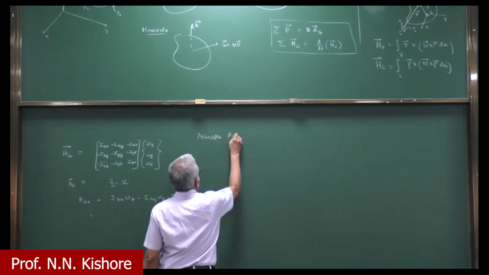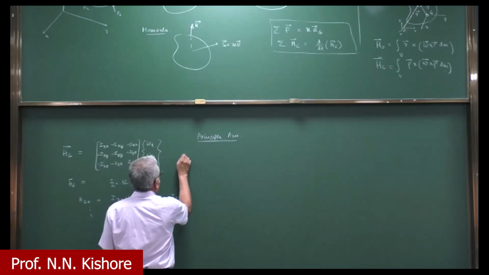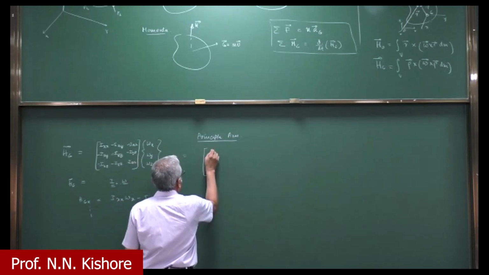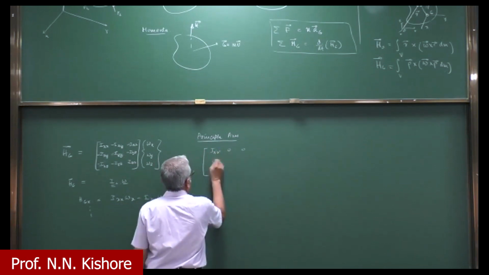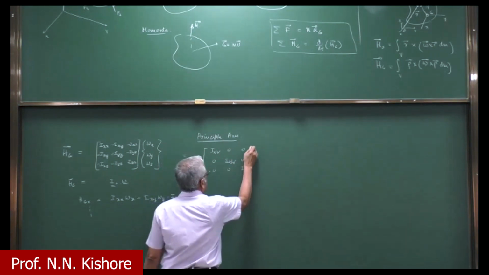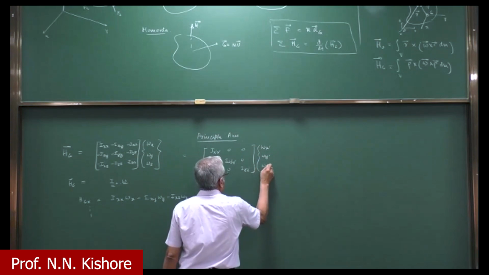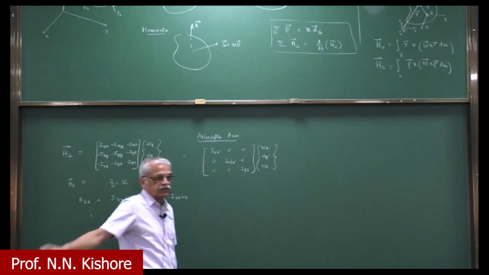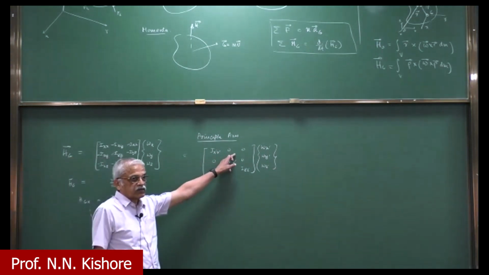With respect to principal axis, what happens is that this will turn out to be, say, maybe prime and only this is, okay, where the product of inertias will drop out.